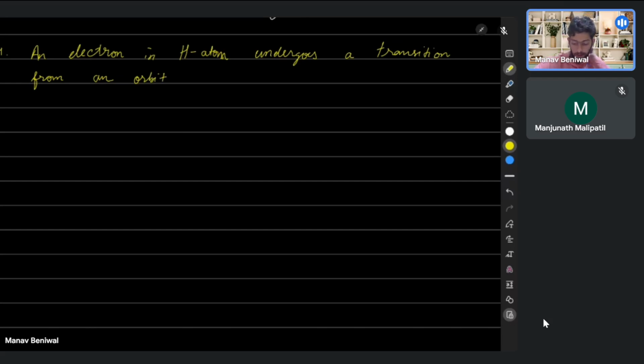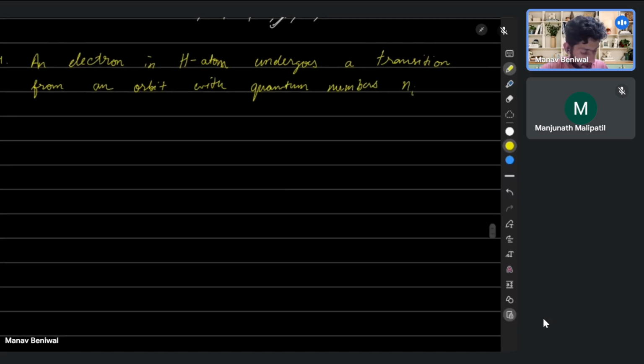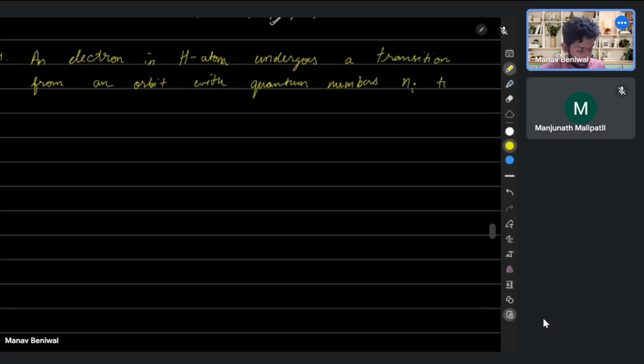So this problem is about transition. There is an electron in a hydrogen atom. This undergoes a transition from an orbit with quantum number ni to another with nf.